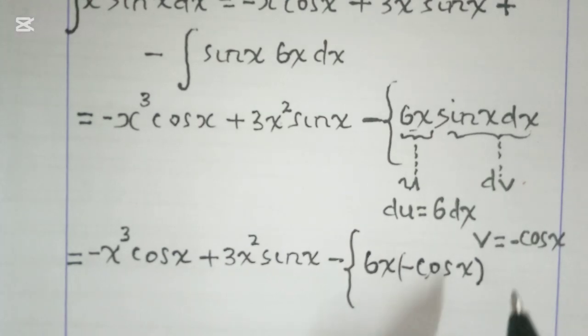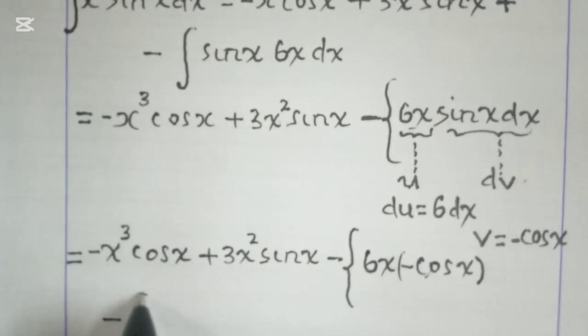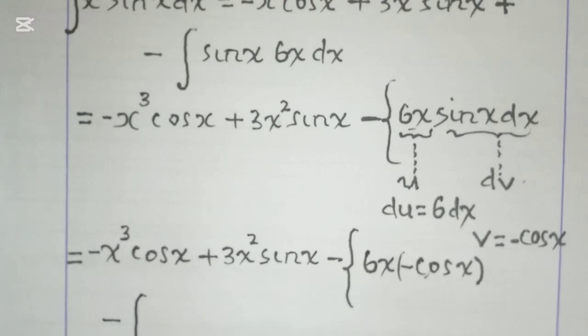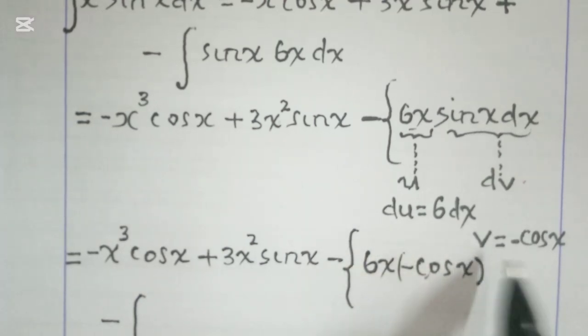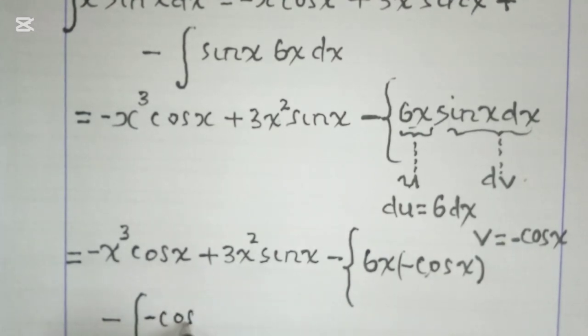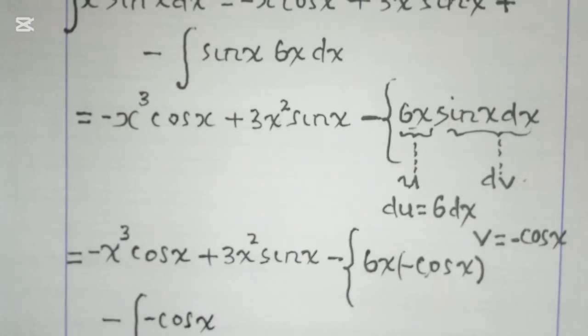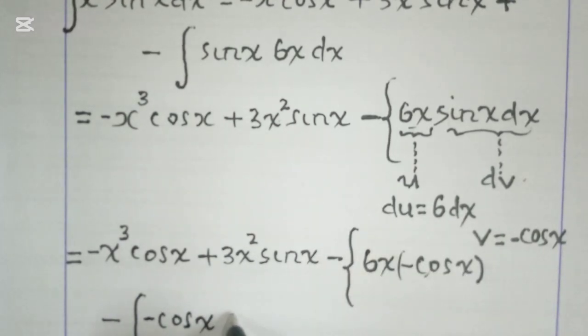From there, guys, we are now going to have minus integral of v du. So v is negative cos x, and du is 6.